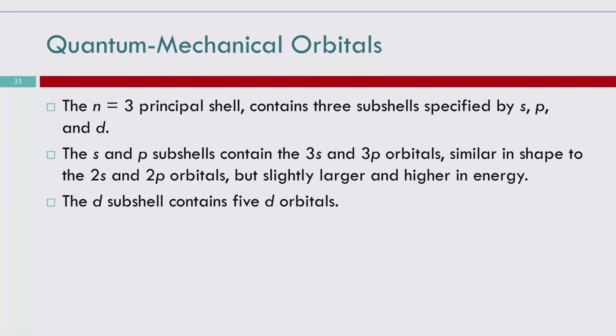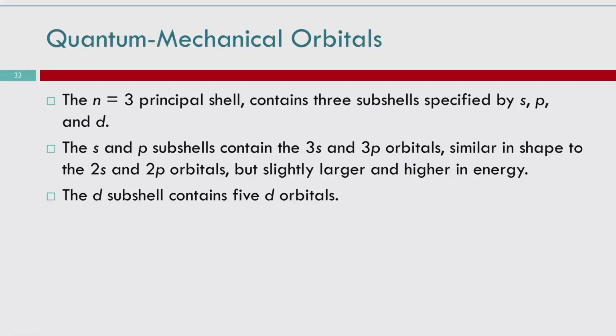Okay, when we get to n equals 3, we have 3 subshells because n equals 3. And those 3 subshells are s, p, and d. The s and p subshells are just bigger s, sphere, and p, peanut.